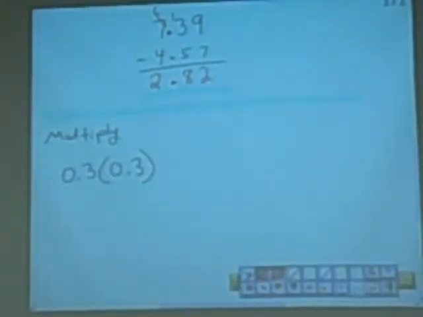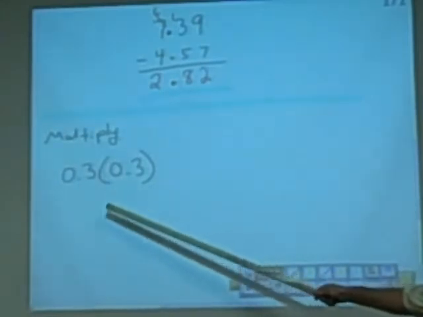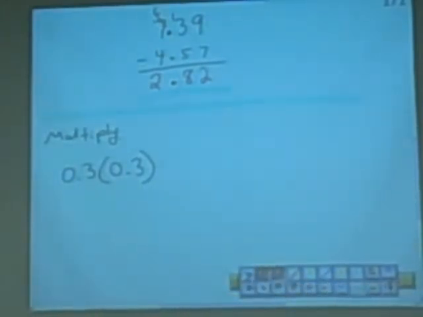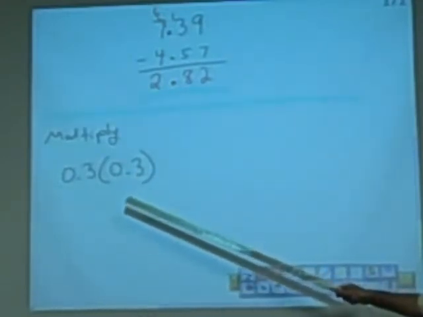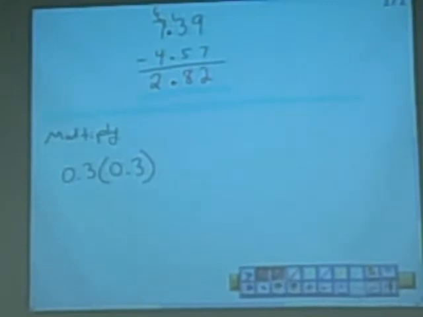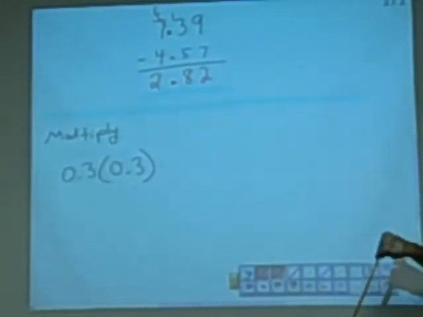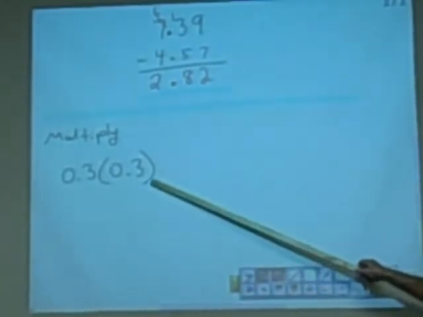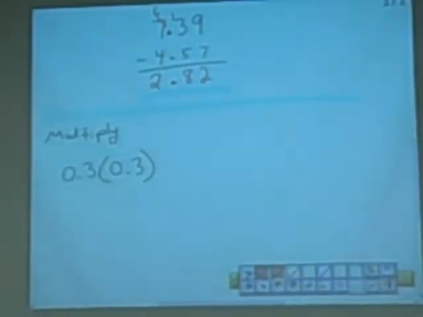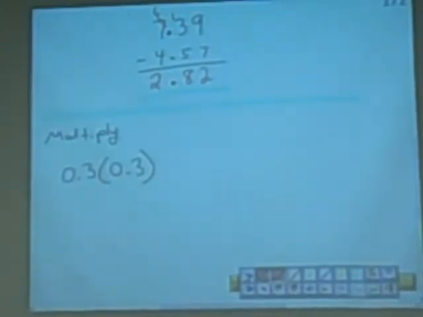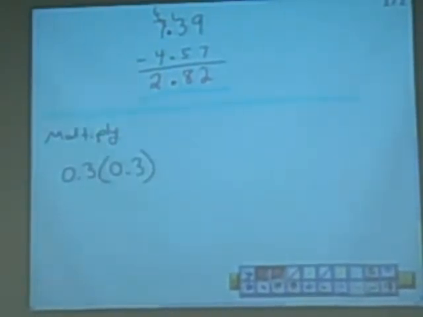Multiplication, right. So in our order of operations, are we applying parentheses or multiplication? Multiplication, right? Parentheses means to simplify within the parentheses, whereas there's nothing to simplify, so we just multiply. So, right away, boom.